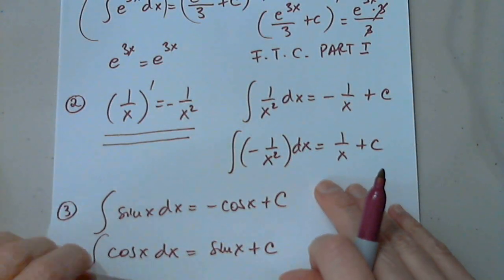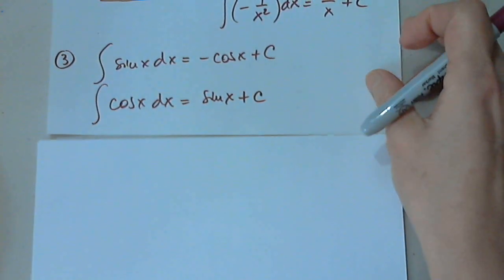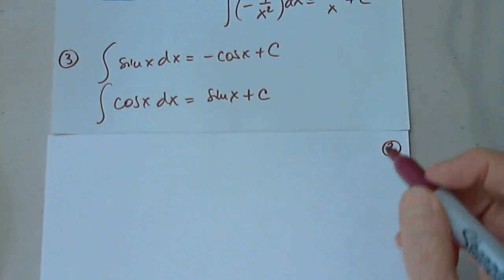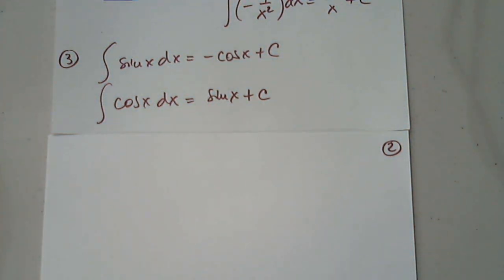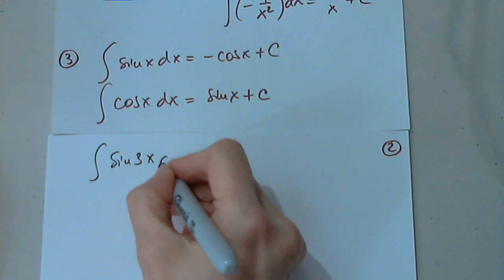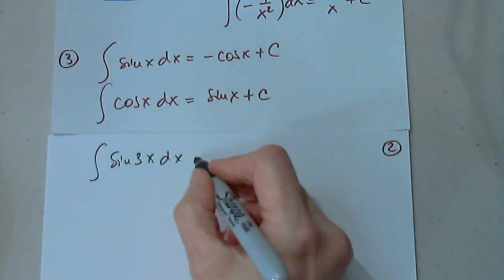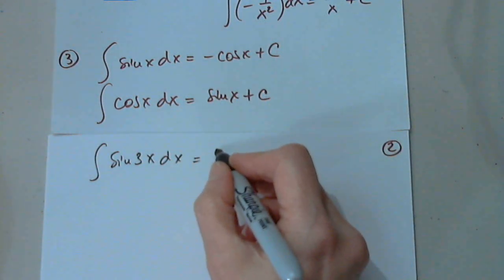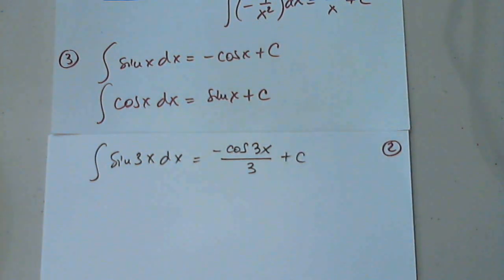Now, what happens if I have the integral of sine 3x dx? Exactly the same thing as we had with e to the 3x. So this will be negative cosine 3x divided by 3 plus a constant c.